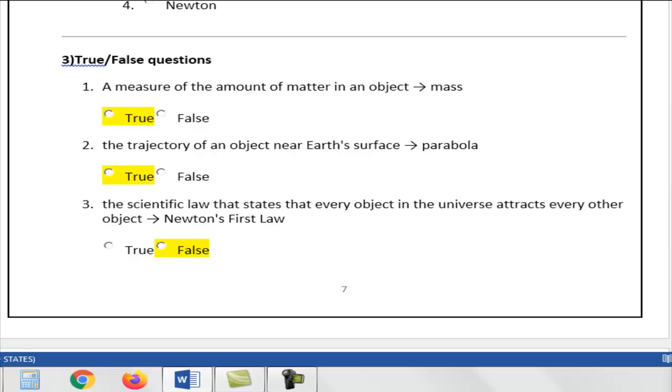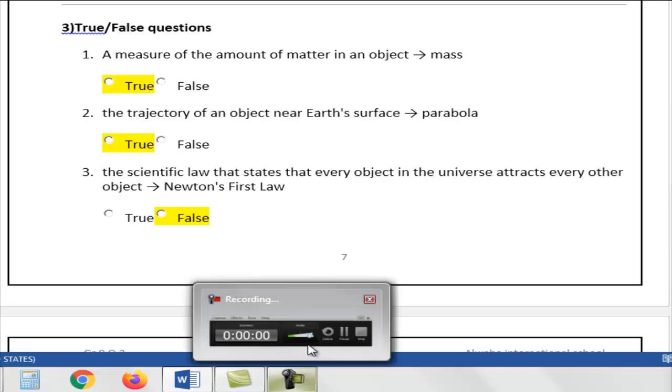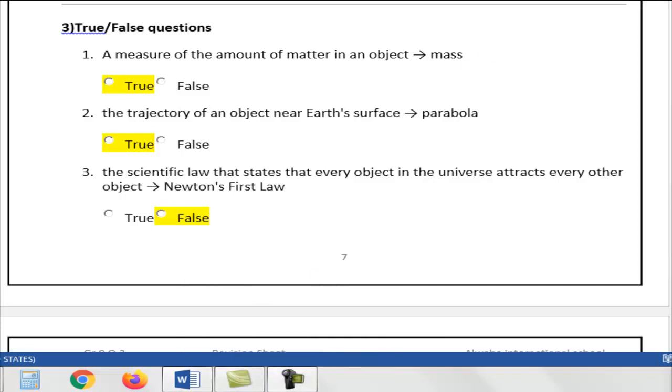The scientific law that states every object in the universe attracts every other object, Newton's first law. So number 3, no, it will be false. Okay.